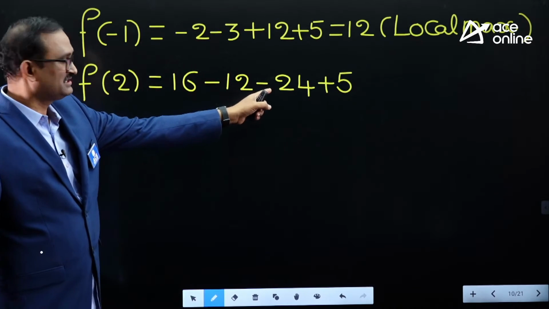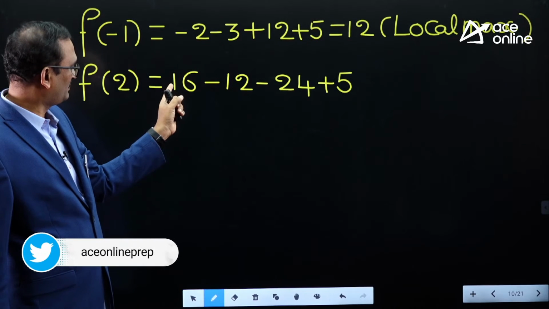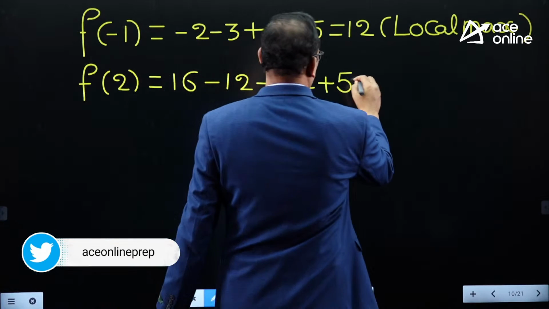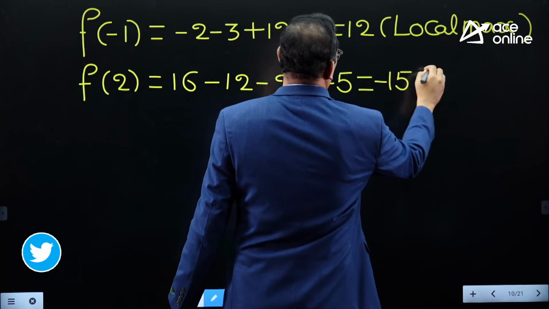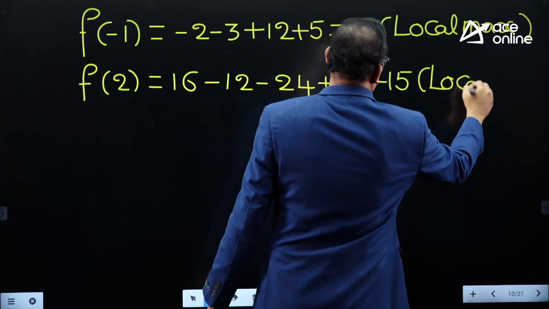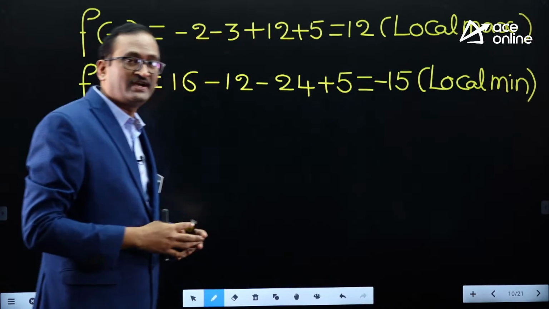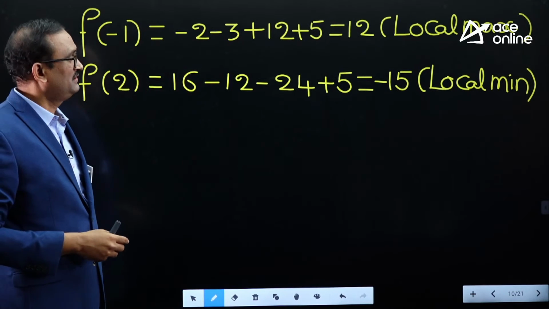This is minus 36, minus 30 plus 10, minus 20, minus 20 plus 5, that is minus 15. This is the local minimum.